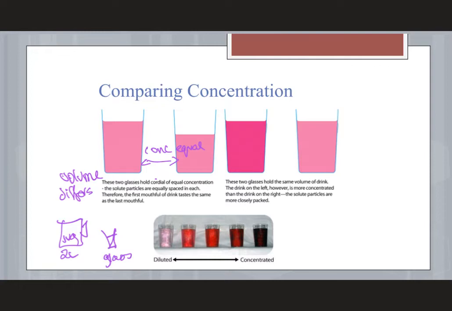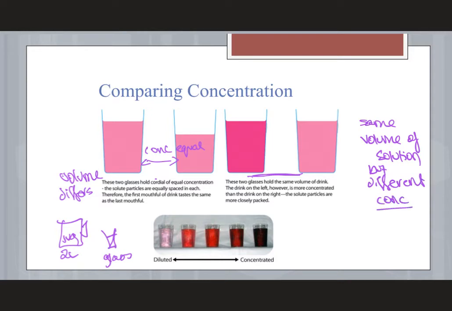If we look at these 2 here, we can see there's a difference in concentration. We have a darker color in one than the other. These 2 hold the same volume, so they have the same volume of solution, but different concentrations. It is important when we're looking at these for us to be able to work out what's going to be the same and what's going to be different in each one.